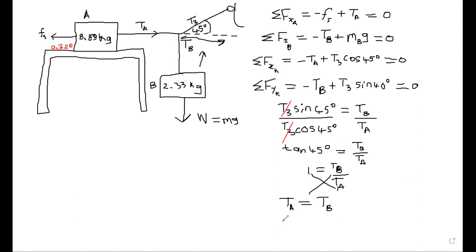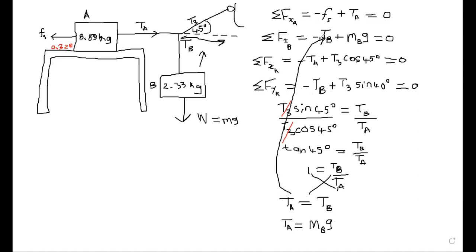So when I do that, I find that TA is equal to MBG, because I took the positive MBG to the other side.